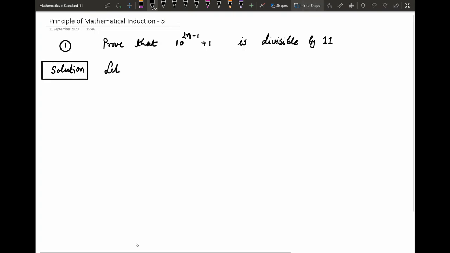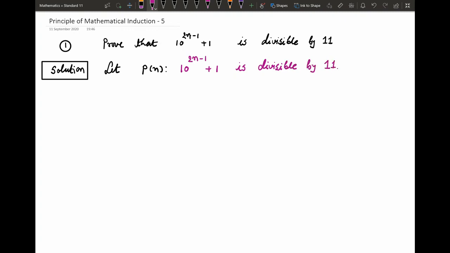So let P of n be the statement 10 raised to 2n minus 1 plus 1 is divisible by 11.